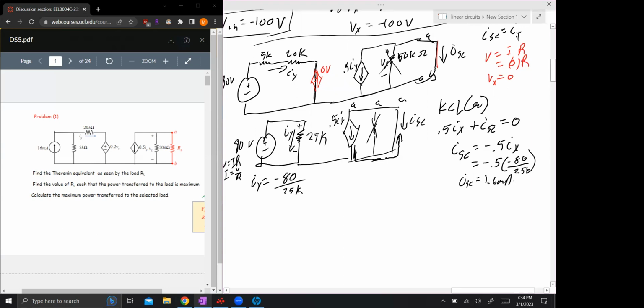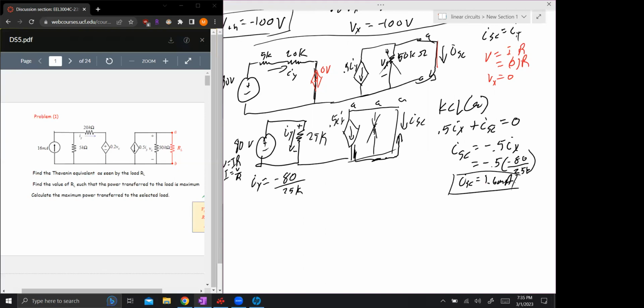Did you guys get 1.6 milliamps for the short circuit current? I haven't calculated it. I'm still thinking about why it's negative. If the current's just going in a loop, it doesn't agree with passive sign convention, but it's negative because the 80 is the one that's negative.